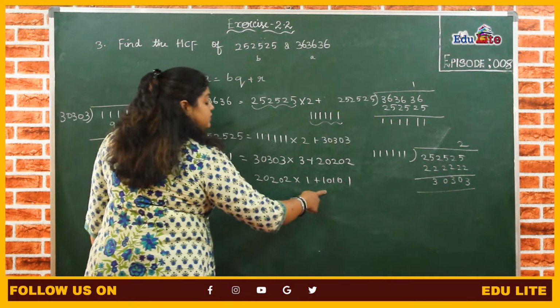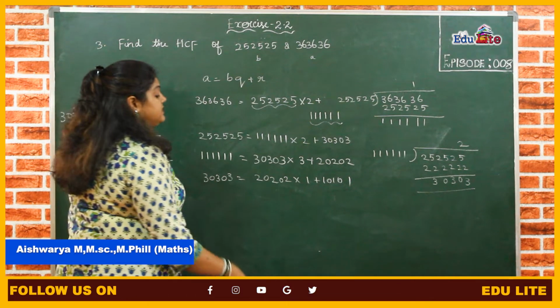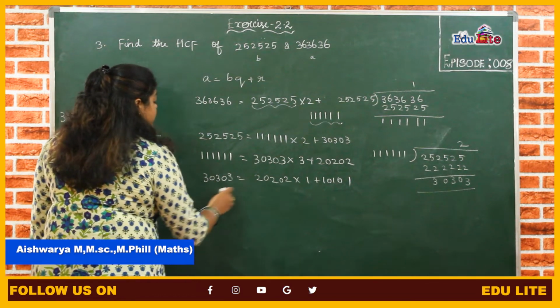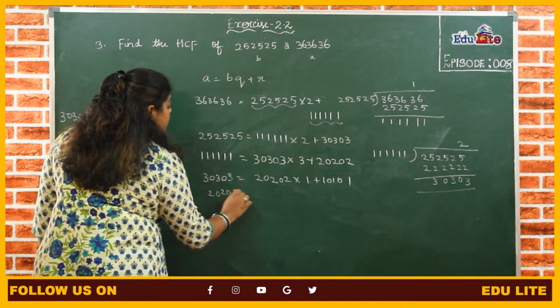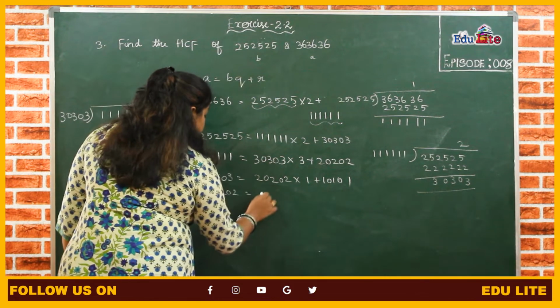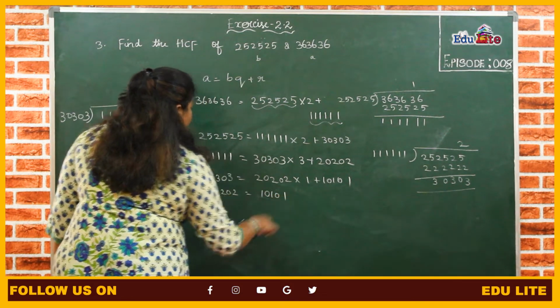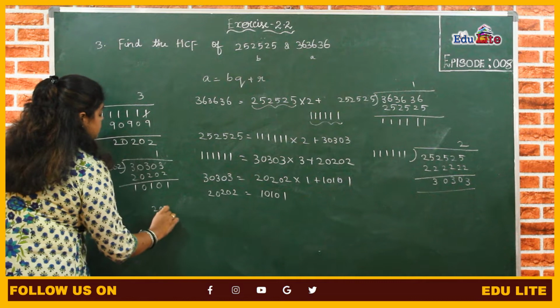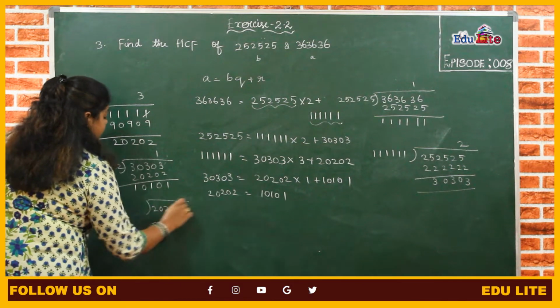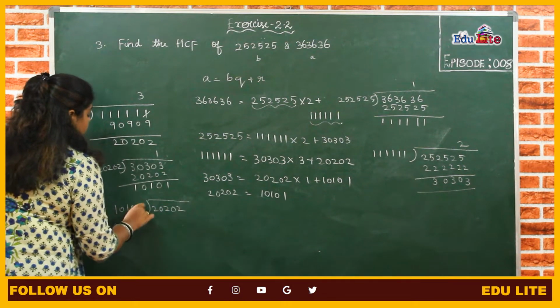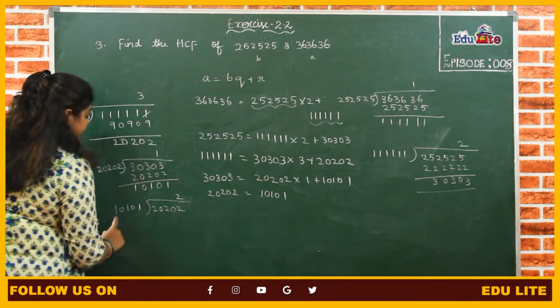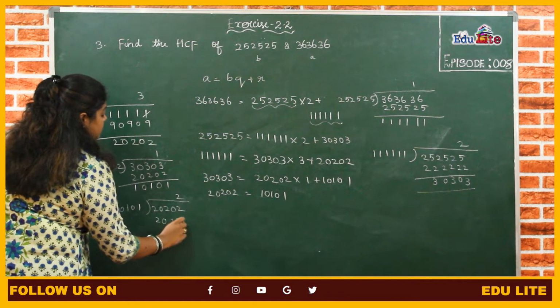The remainder again is not equal to 0. We have to proceed with the same format. Now 2020202 will become the dividend and 1010101 will become the divisor. Let us try it. So 2020202 divided by 1010101, we will choose 2 times. It will become 2020202.